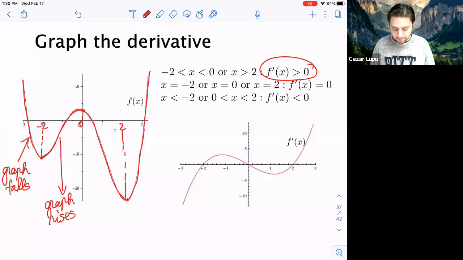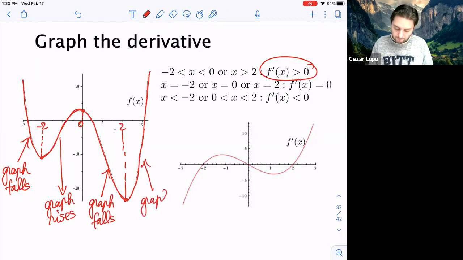Again here the graph falls on this portion. And here again the graph is rising. Also the graph flattens at these 3 points here.